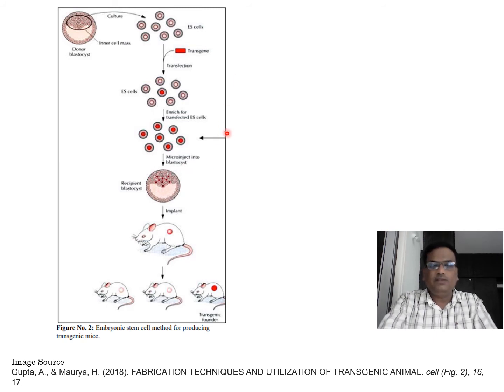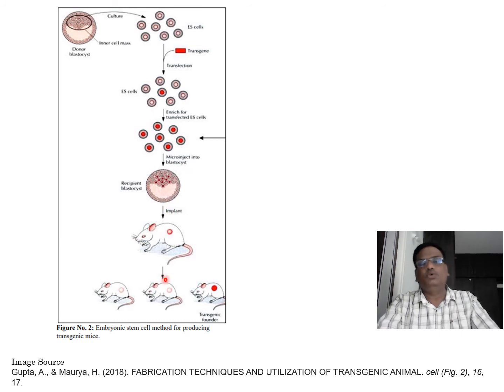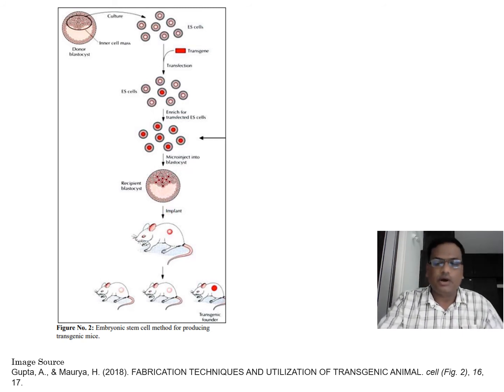Since the blastocells are totipotent, they will develop into a new embryo. Then they will transfer this embryo into the uterus of the host organism, where it will develop into a transgenic animal. So this is the second technique.